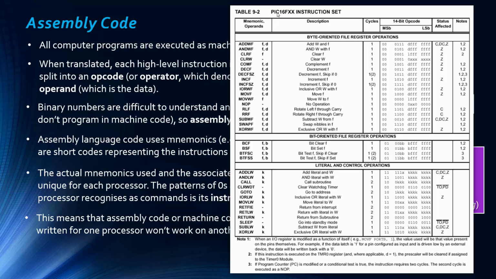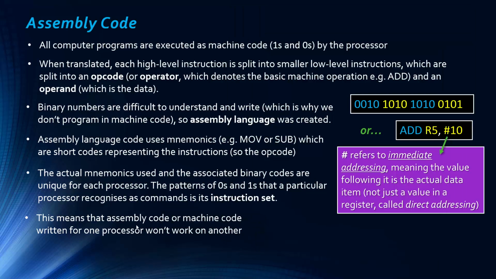Not sure which processor this is, but it's going to be different to the ARM processor, and even different ARM processors will have different instruction sets. So basically the assembly code or machine code for one processor won't work on another, which makes it even less easy to work out what this means.